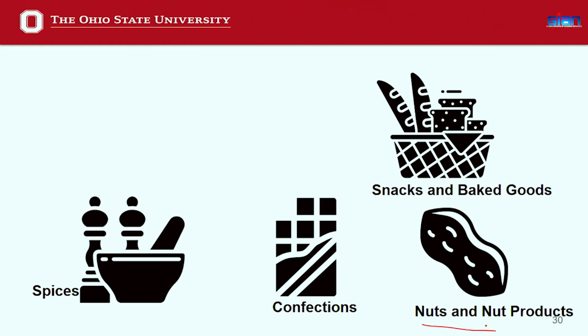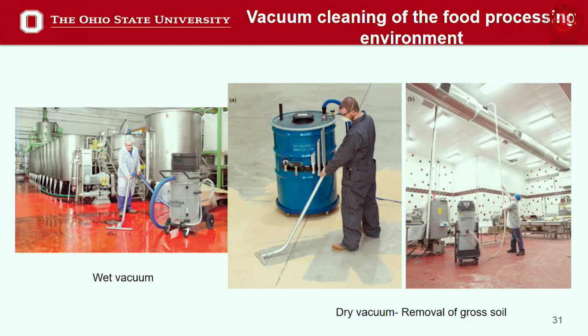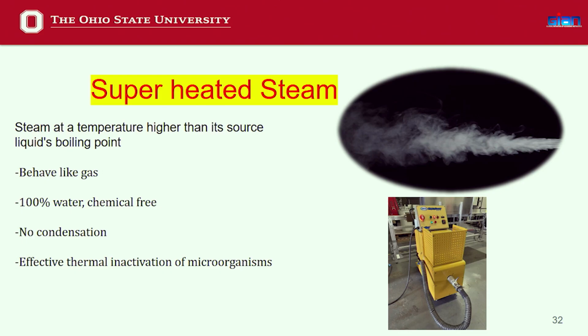Nuts, snacks, baked goods, confection and spices are all examples of dry sanitation plants. With a wet vacuum it is okay to use water, whereas a dry vacuum just removes the surface soil and does not use water. So, what is superheated steam?